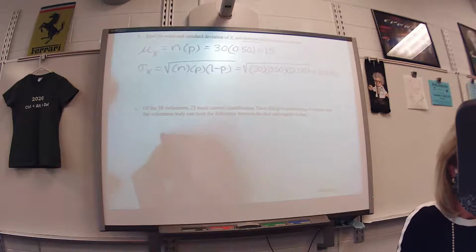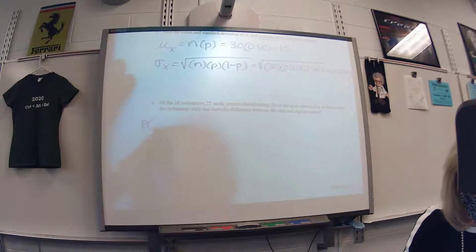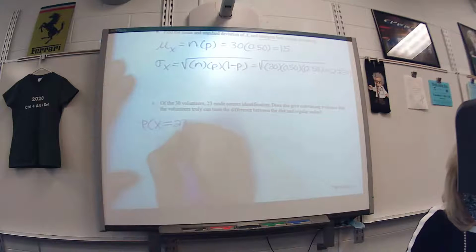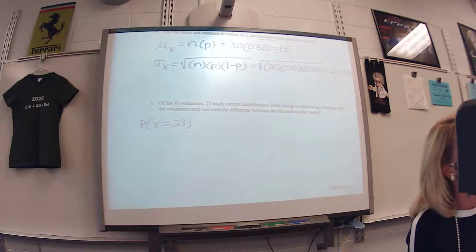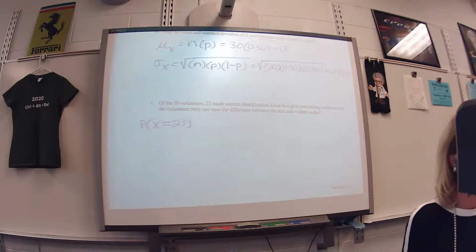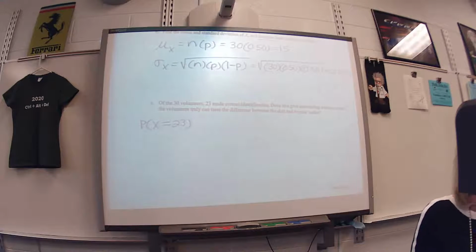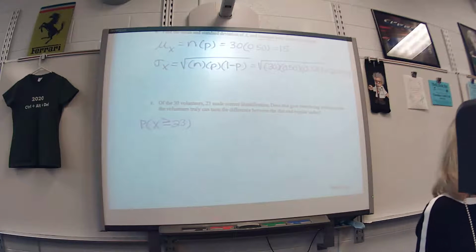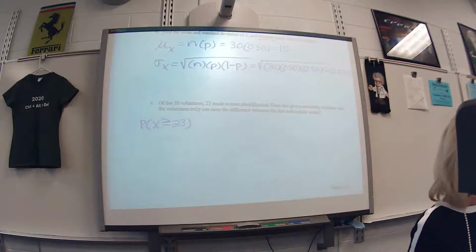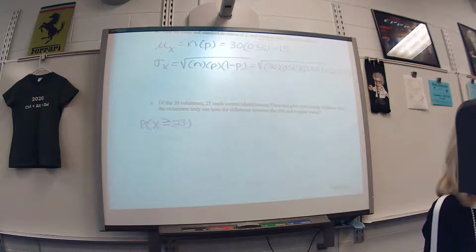So what we do is calculate the probability, not just that exactly 23 of them guess correctly. We even give a little benefit of the doubt here and say, we'll allow this probability to get bigger, because we're going to do the probability that 23 or more. Because if 23 is weird, 24 is weirder.